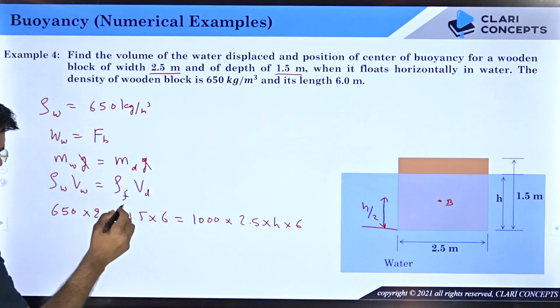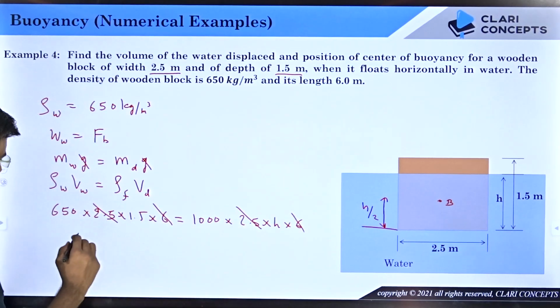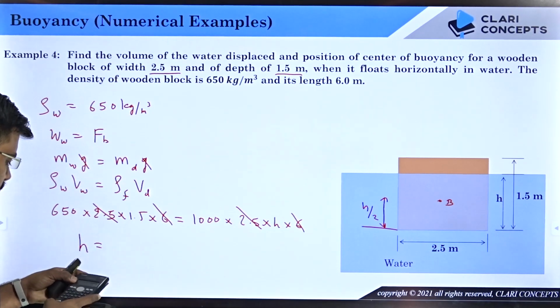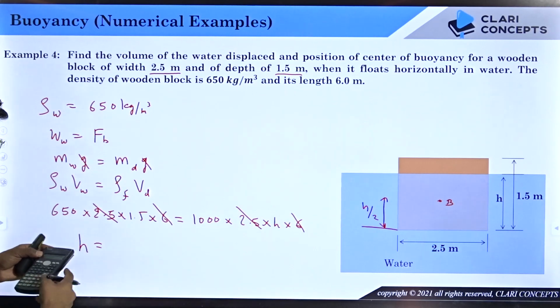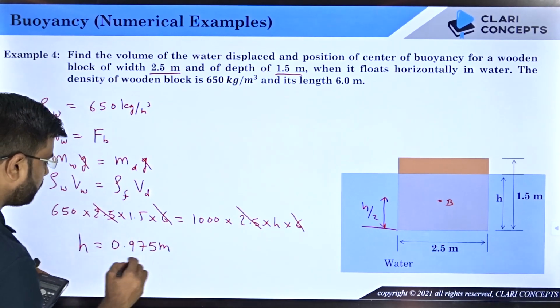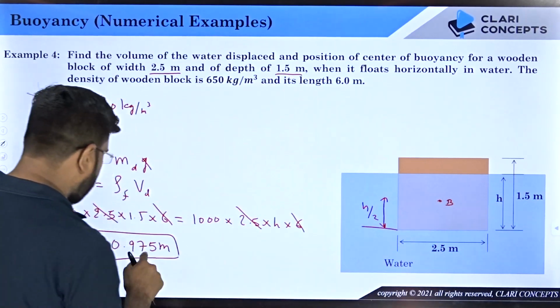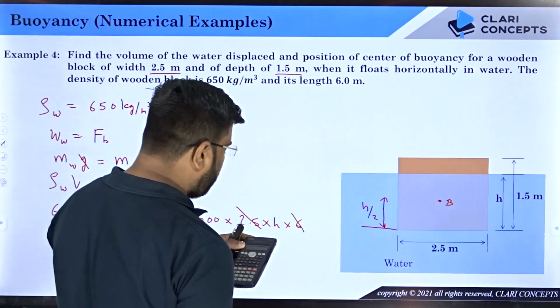So you see 2.5 and 6 will get cancelled on both sides. The h that you will get is 650 divided by 1000 and multiplied by 1.5. h will be 0.975 meters. So out of 1.5, the h is 0.975 and that divided by 2 will give you 0.4875.